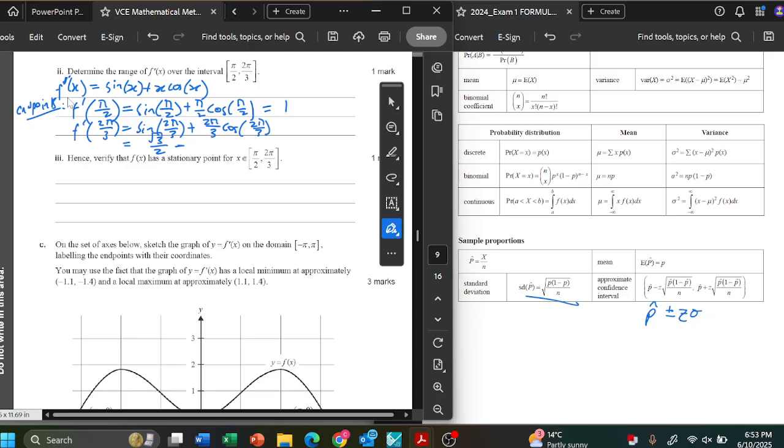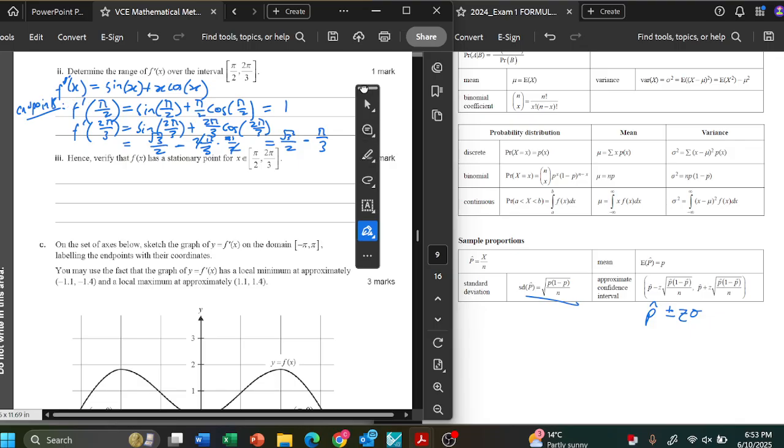So that is going to be 2 pi on 3 times negative a half, which is where this negative sign here came from. So that's root 3 on 2, and the 2's cancel out. Root 3 on 2 minus pi on 3 should be the value at that endpoint.